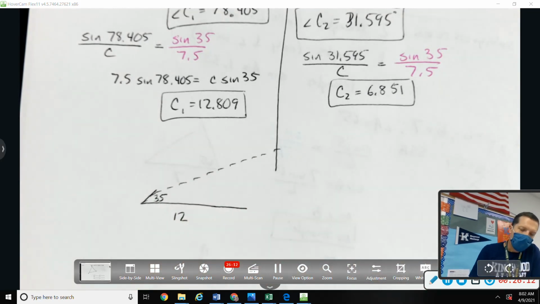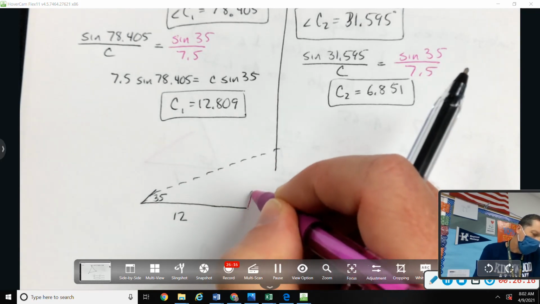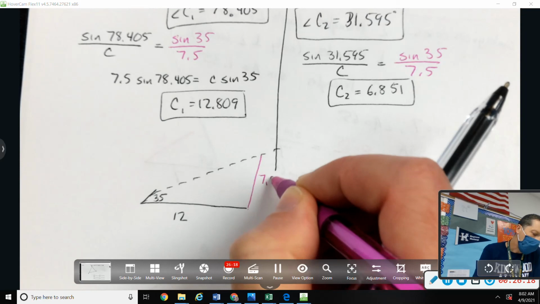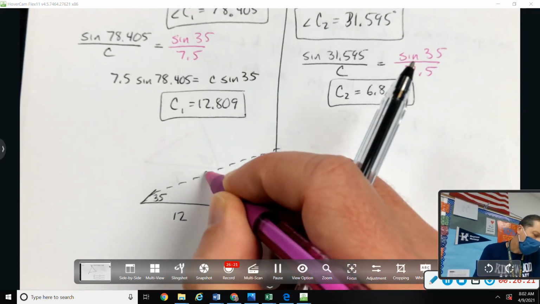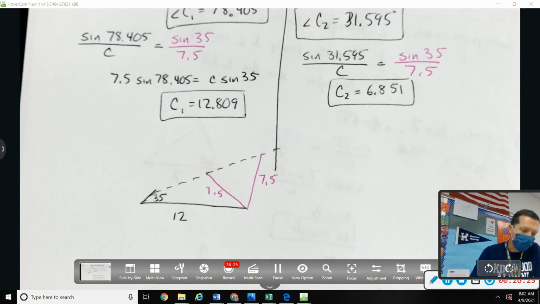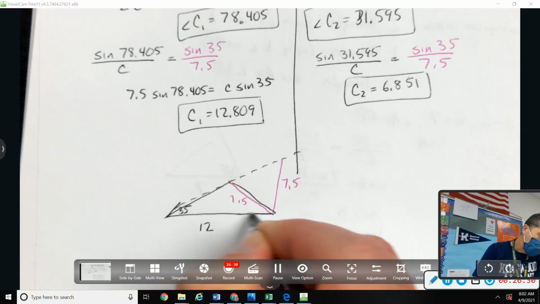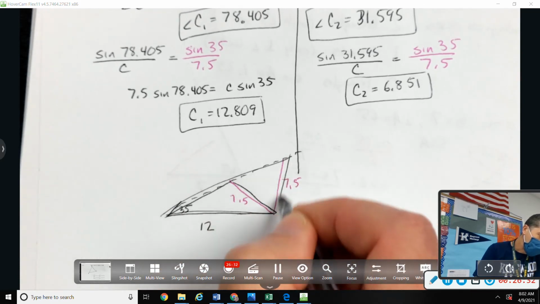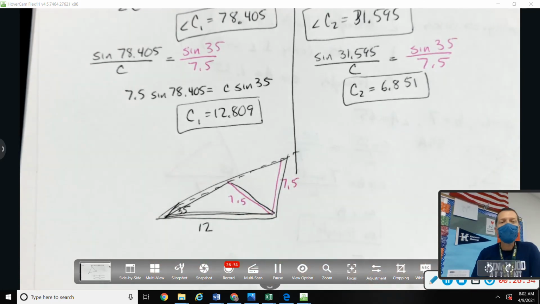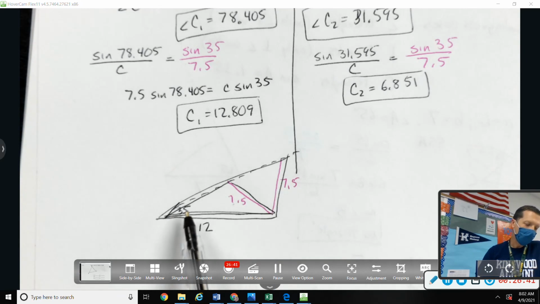This side over here was 7.5. So it could be 7.5 that way, or it could be 7.5 that way. So that's your two triangles. You got one triangle like that, and you got one triangle like that. That still fit the same angle side. And so all the way back to geometry, why you couldn't use that is because angle side might have two different triangles with the same angle side.